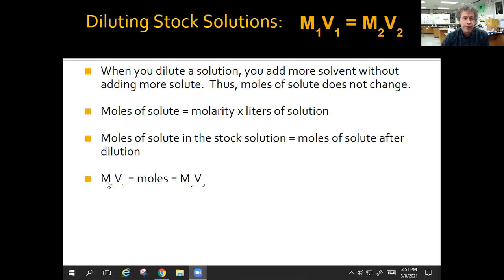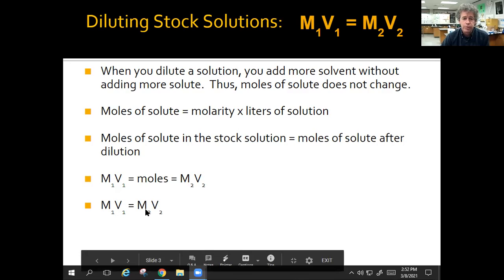So we can say M1V1 equals our total number of moles. The total number of moles doesn't change, and that equals M2V2. Getting rid of the middle term, M1V1 equals M2V2. So if we know any three of these values, we can solve for the fourth.